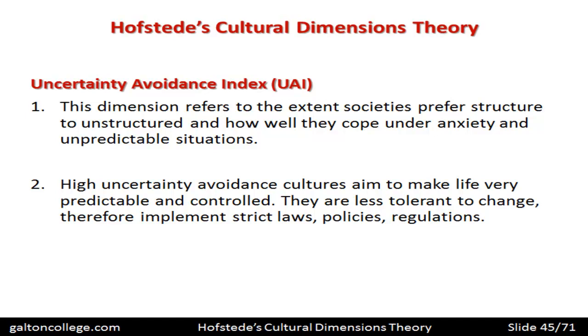So if we have a lot of fear of uncertainty, we try to avoid it. We can factor this into the way in which we live, and that shows up in the type of society we've got. We try to minimize uncertainty. They are less tolerant to change, therefore implement strict laws, policies and regulations.